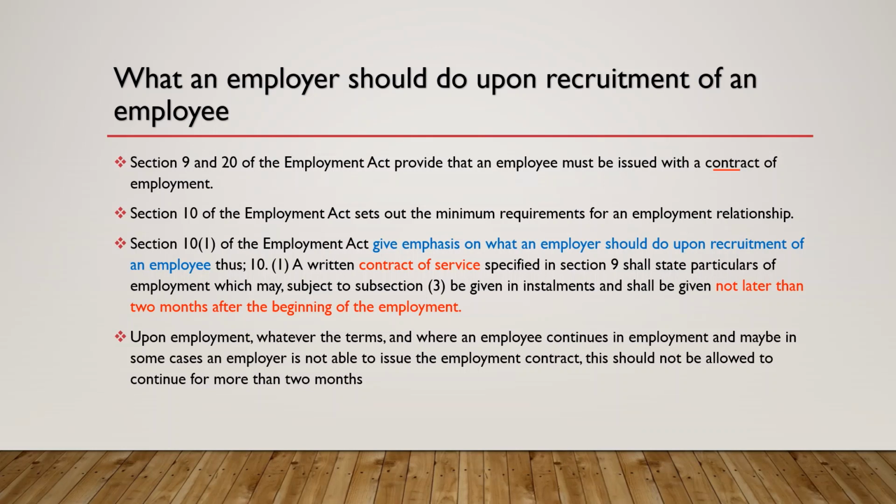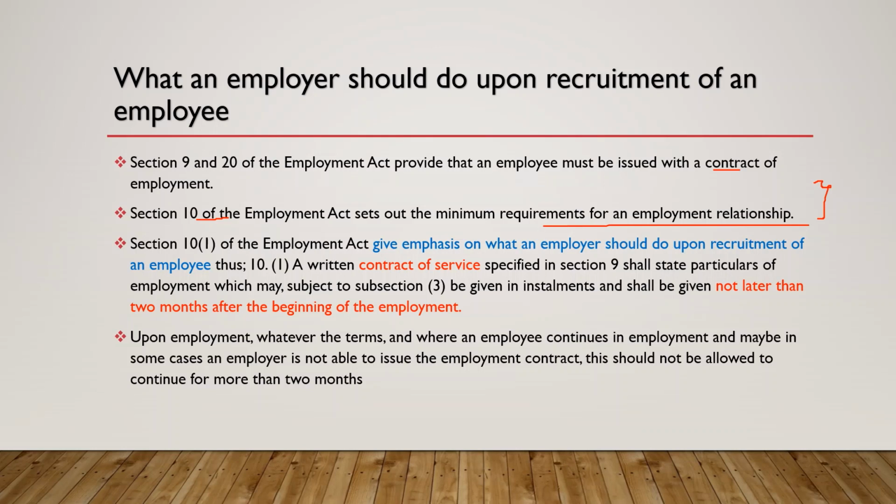And we have Section 10 of the same Act that sets out the minimum requirements for the employment relationship. So you can already see there's a requirement to write a contract. There's emphasis put on the employer because he holds the responsibility to draft this specific contract.